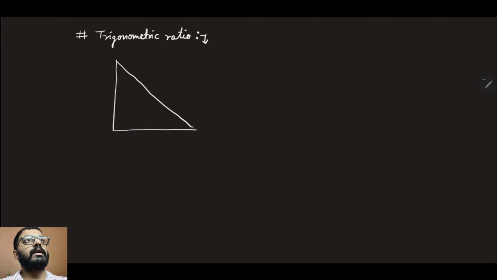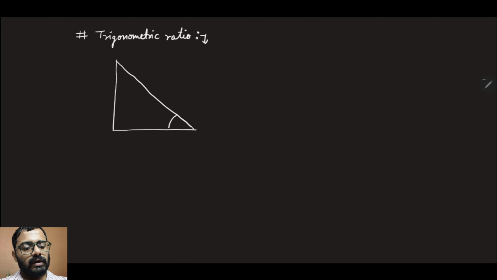We have trigonometric ratios. So as we know how to find the angles, how will we use it? Consider one right angle triangle here. This is one right angle triangle and we have to assume some angle here.